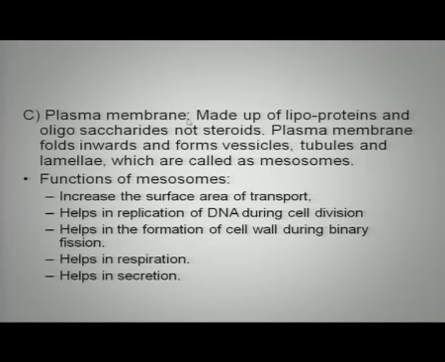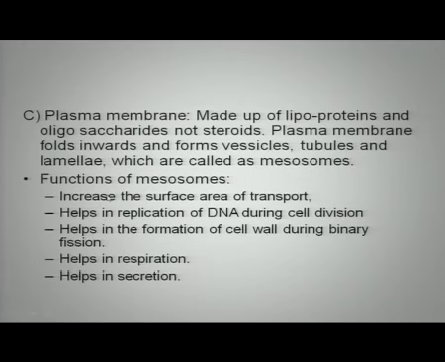The plasma membrane is made up of lipoproteins and oligosaccharides, not steroids. The plasma membrane folds inwards in the form of vesicles, tubules and lamellae, which are called mesosomes in prokaryotic cells.